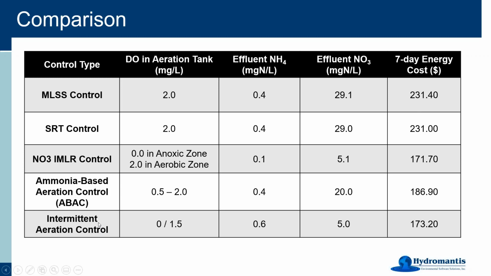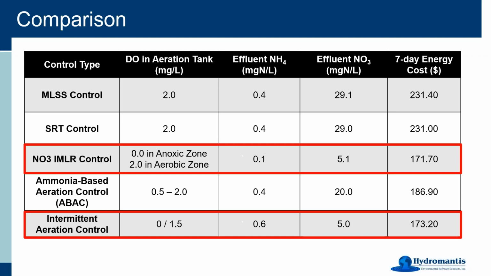And then our intermittent control, where we were specifically forcing the DO to go between 0 and 1.5 on a schedule, we were also doing nitrification and denitrification. Our ammonia was 0.6, not quite as good as the other control, but our effluent nitrate was 5, just like we were trying to set with the other one, and around a very similar kind of energy usage.